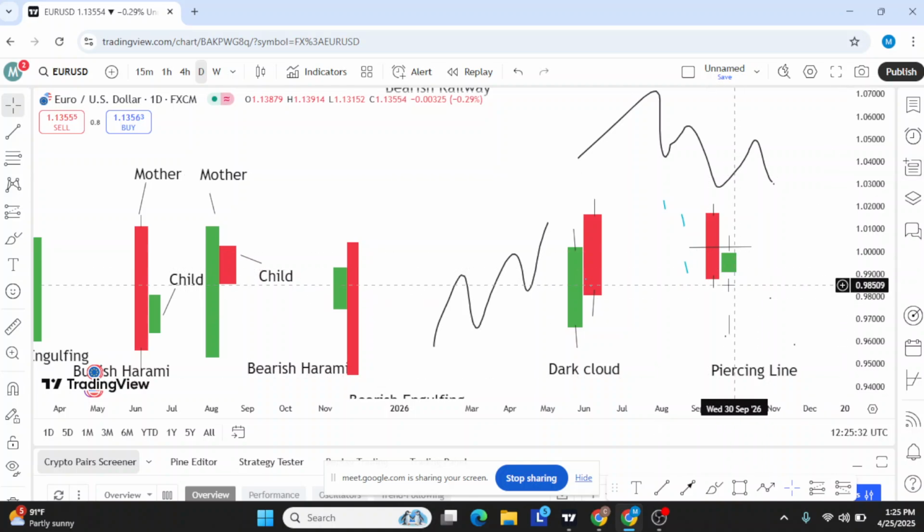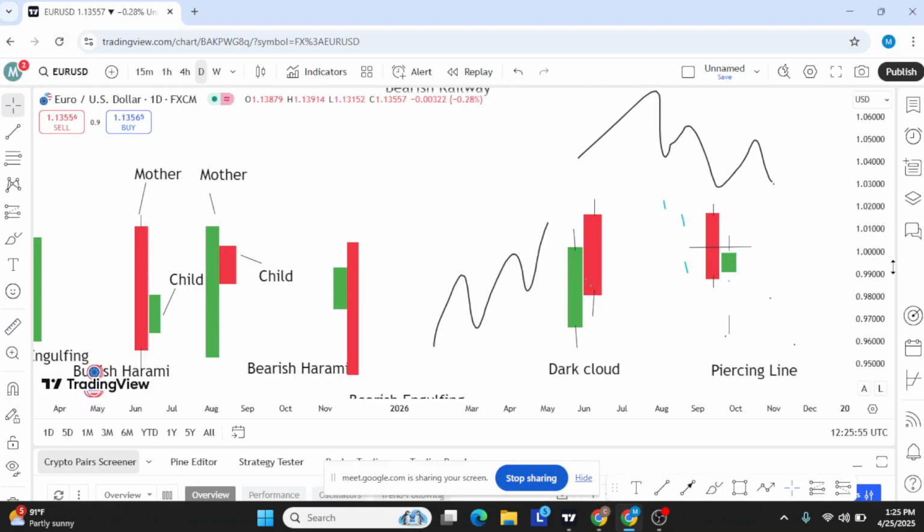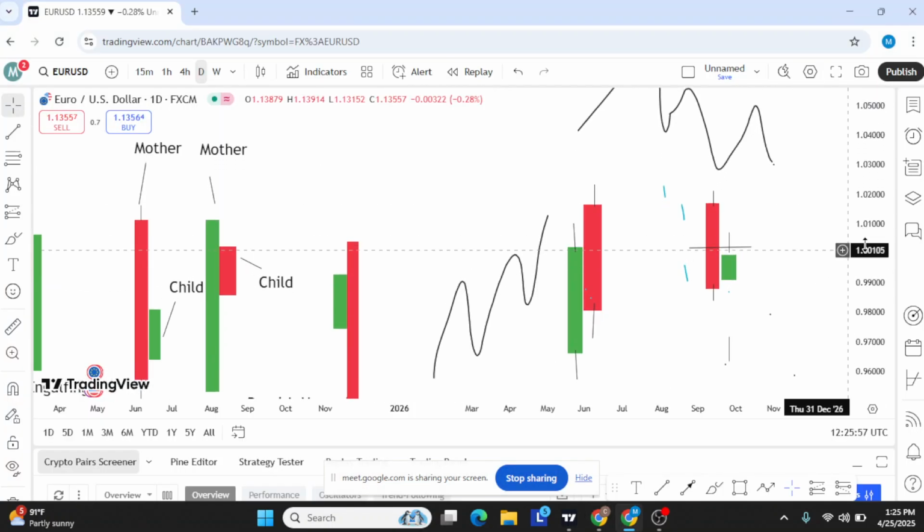Mr. Adetola, if this candle had closed like this, what kind of candlestick pattern can we call this? Are you still with me? Exactly, this is bullish harami.